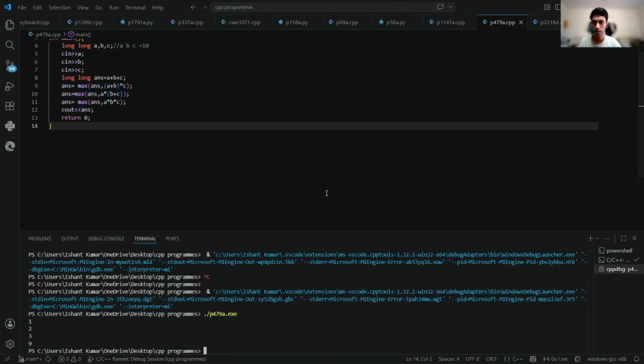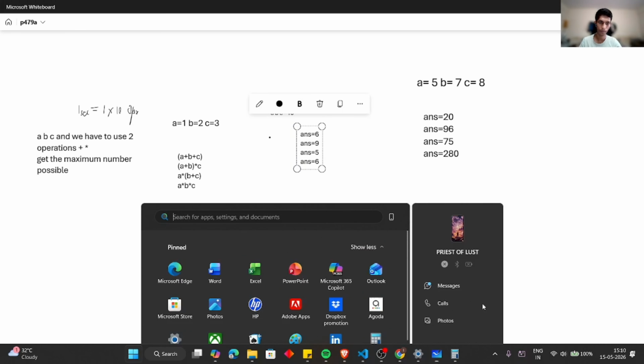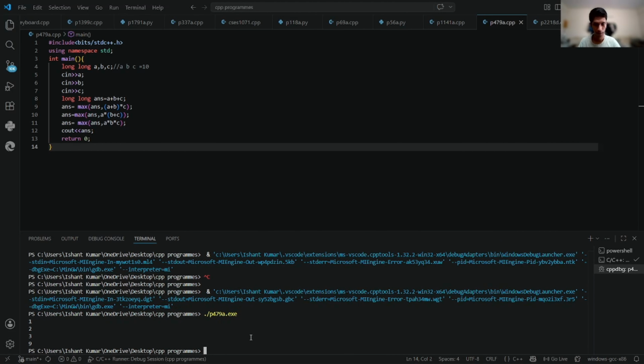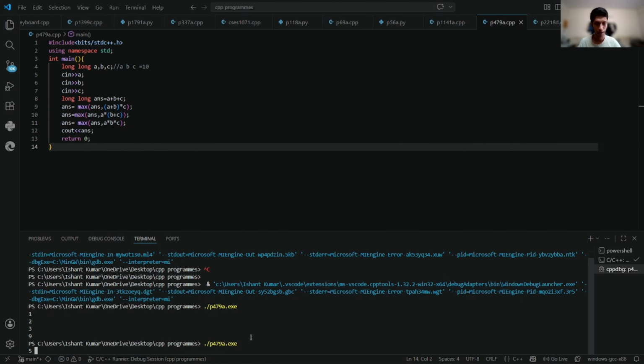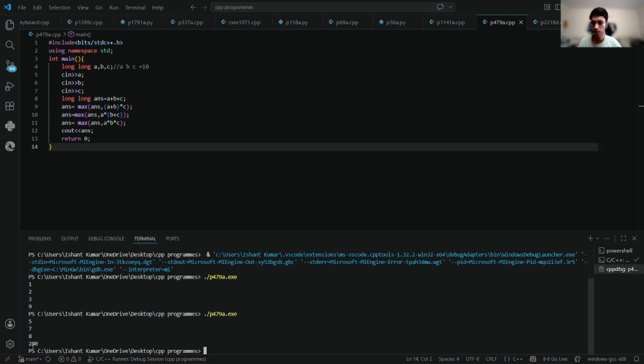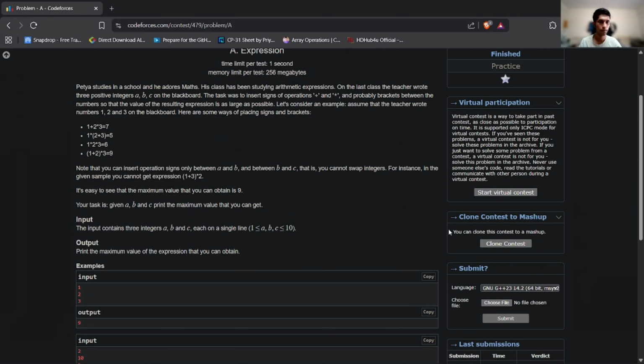We are getting 9, and that's what we got here also. For the first test case, we are getting 9 as the maximum value. Let's check the test case that we made ourselves. Let's check 5, 7, 8. We are getting 280, which is absolutely correct. So let's try to submit this problem.